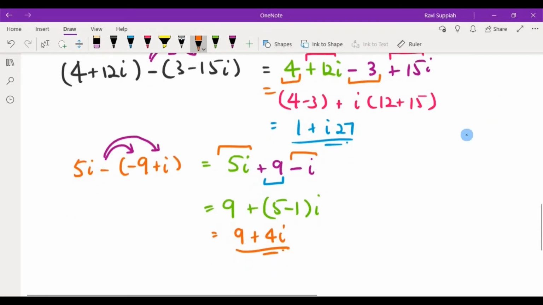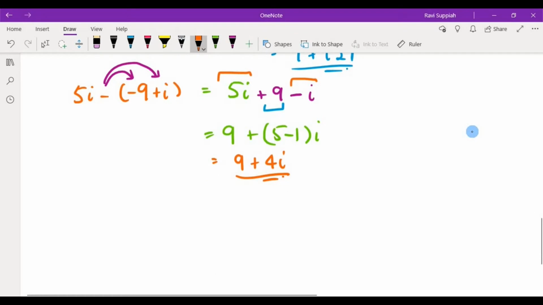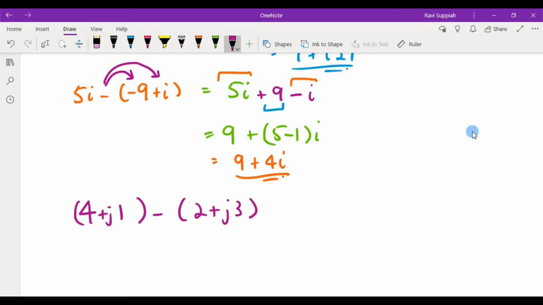Okay, let's try another example here. 4 plus j1 minus 2 plus j3. Let's follow the same process. The first bracket, there is no issue because the sign outside is positive. So 4 plus j1.